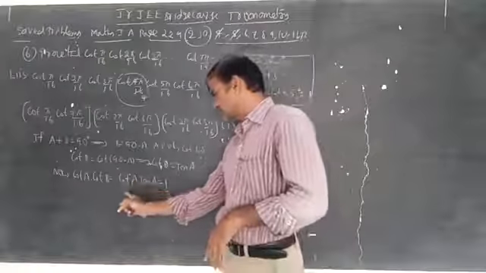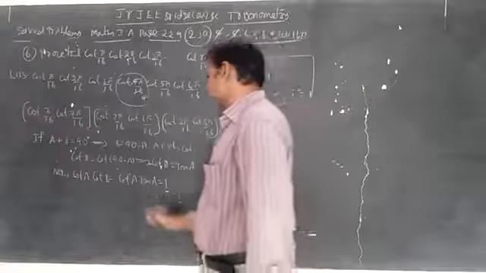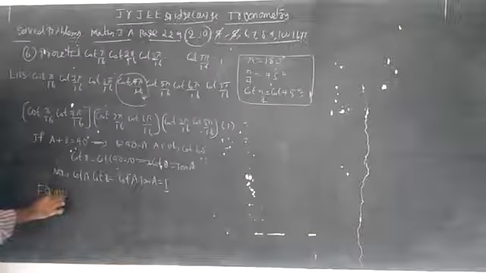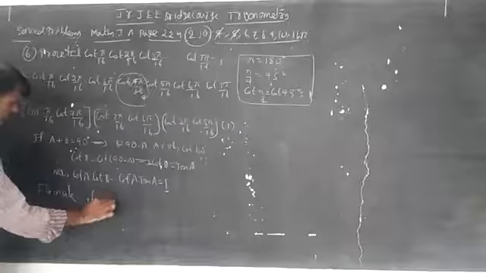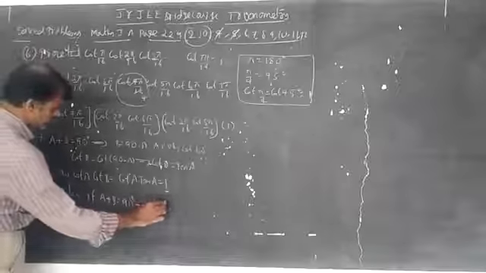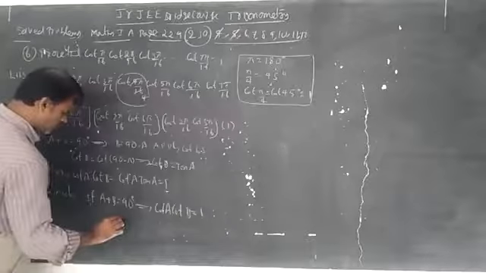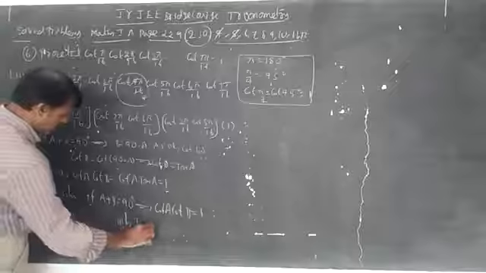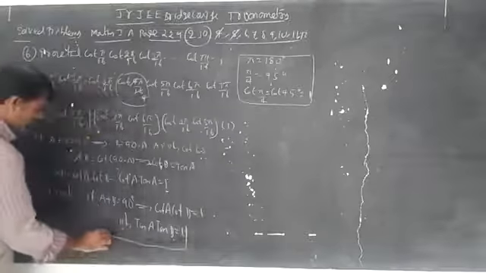Otherwise, for tan a, 1 by tan a into tan a gets cancelled, answer is 1. So the formula is: if a plus b is equal to 90 degrees, then cot a into cot b is equal to 1. In a similar way, you can write tan a into tan b is also equal to 1.